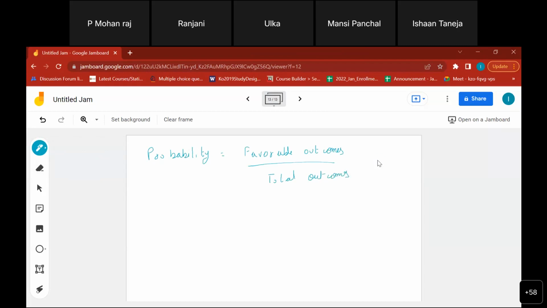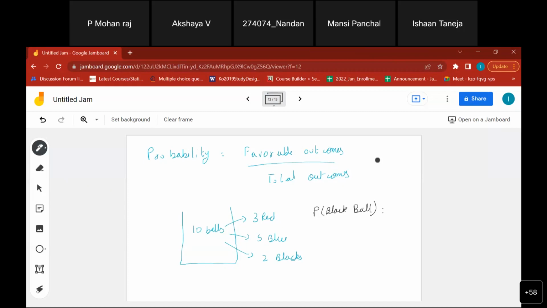Now suppose there is a box of balls, okay? Suppose I have 10 balls: 3 red balls, 5 blue balls, and 2 black balls. So what is the probability that if I draw a ball randomly, it would be a black ball? 1 by 5.